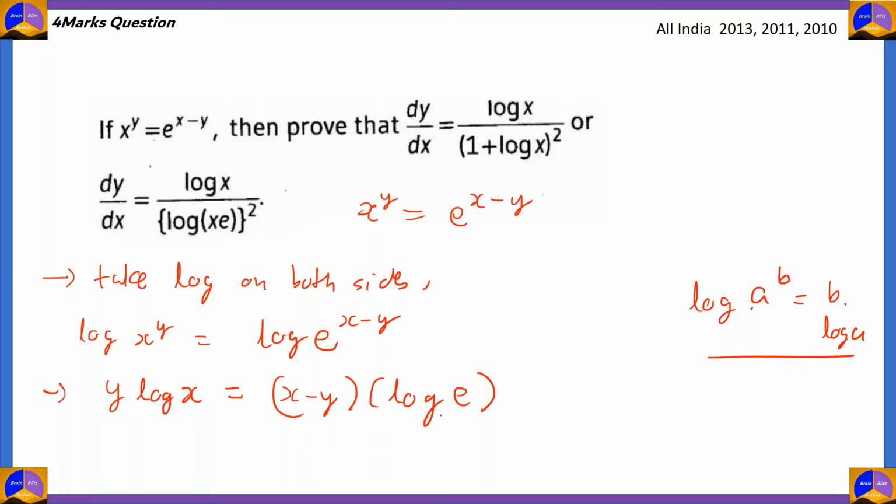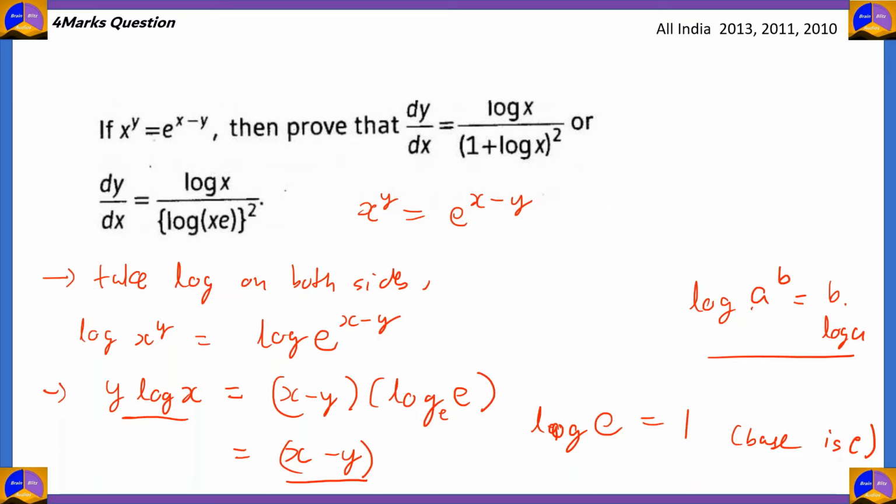Now note that the base of this logarithm is also e. So log e to the base e is equal to 1, and the right-hand side will be x minus y. Now we have y log x is equal to x minus y.